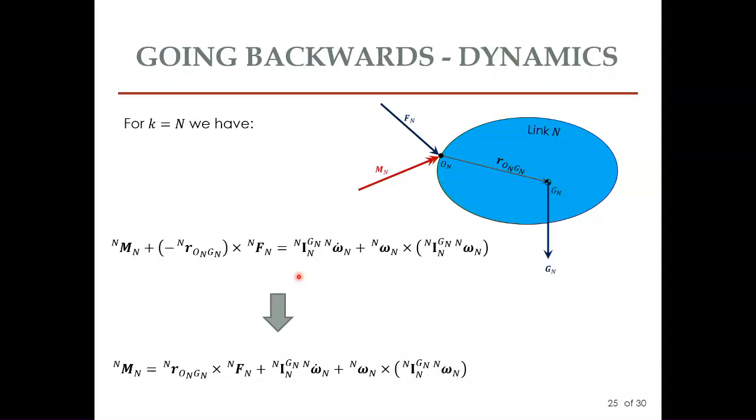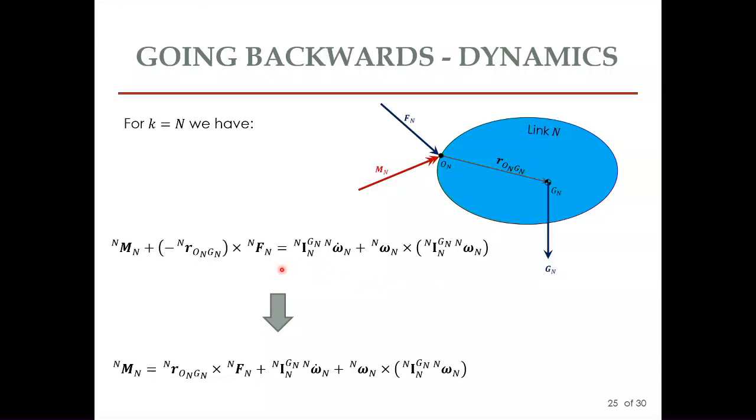So any questions about this equation? No? So this is the angular Newton-Euler equation, the vector form of it. Sum of moments equals time derivative of angular momentum, for link n.